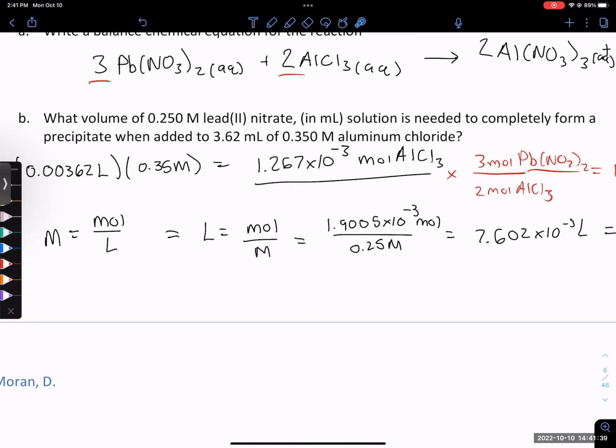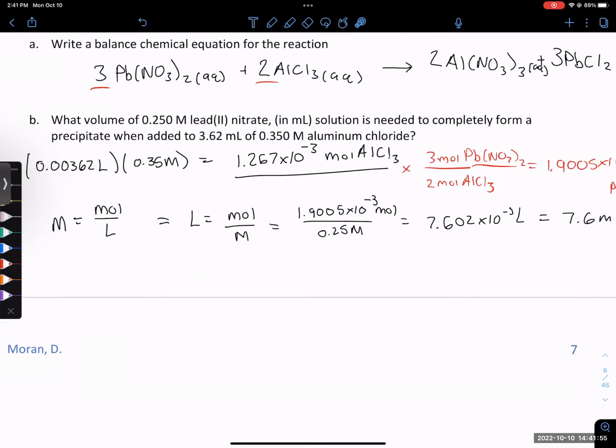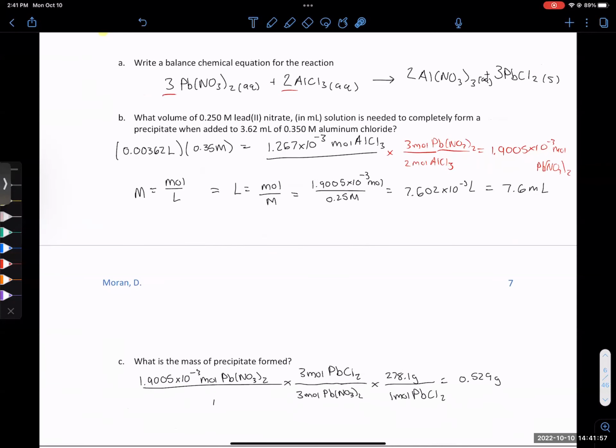Or sometimes it'll say compound A reacts in excess of compound B, meaning you have more compound B than you need, so you're going to have an excess amount of compound B. We'll see wording like that in this review as we go through. Any other questions on that?